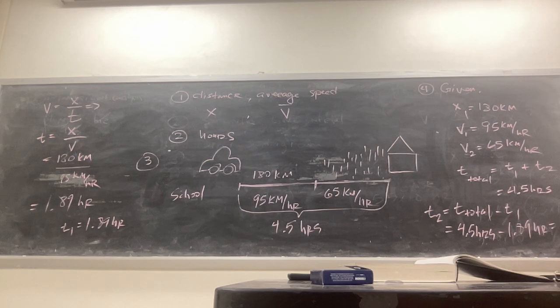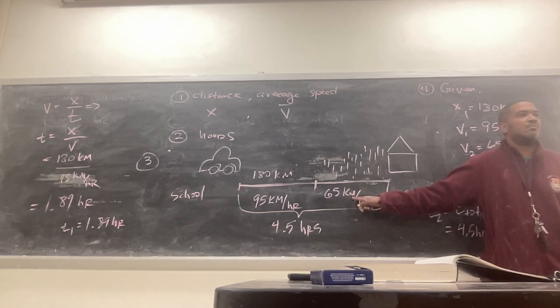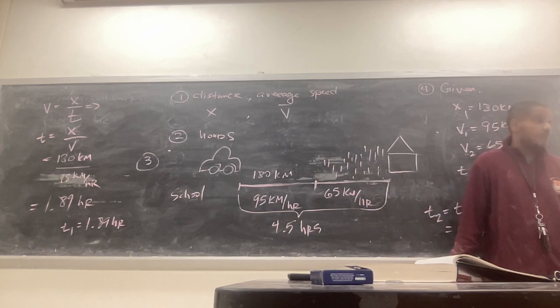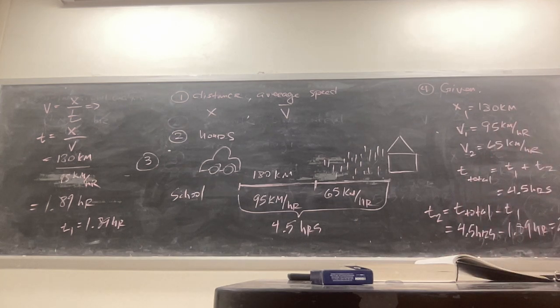What does that give us? 2.61 hours. So now, what does that mean? That's how long it took to drive at 65 kilometers per hour. That was the time it took to cover the second part of the trip.